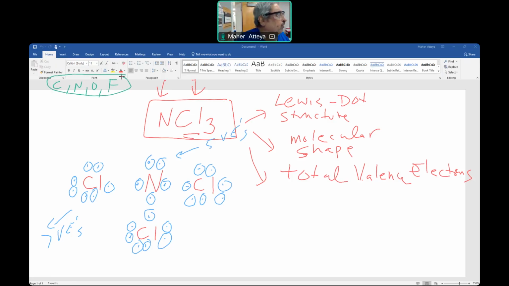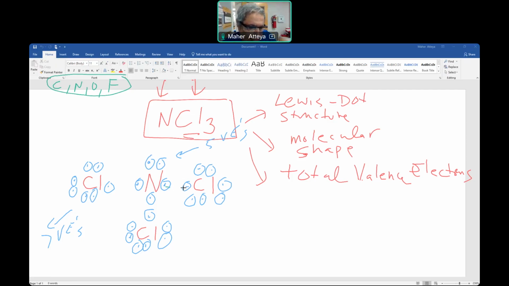Those are the only 4 that have to obey the octet rule. All other elements inside the periodic table can violate the octet rule. But those 4 have to have 8 surrounding them, bonding or non-bonding. Non-bonding means those unshared electrons or orphan electrons.